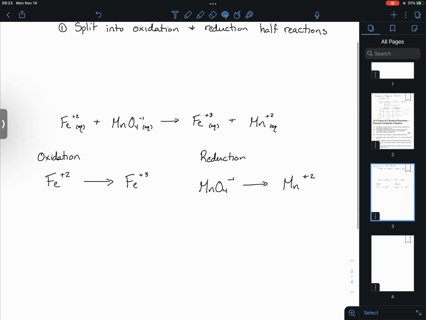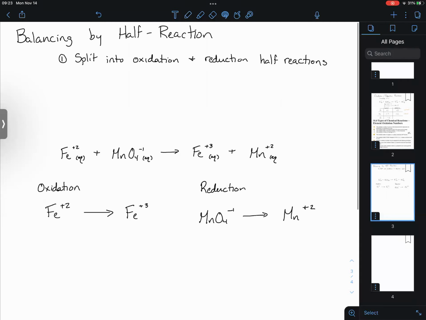Okay. So the first thing that we do, after splitting into the oxidation and reduction reactions, is called mass balance. You're going to look at each half reaction and just balance it in terms of the elements that are given there.